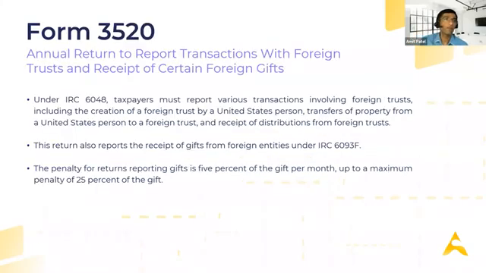So Form 3520: what happens if you happen to be a beneficiary or trustee, or you receive income from a foreign trust, or you receive a gift or inheritance from a foreign person.